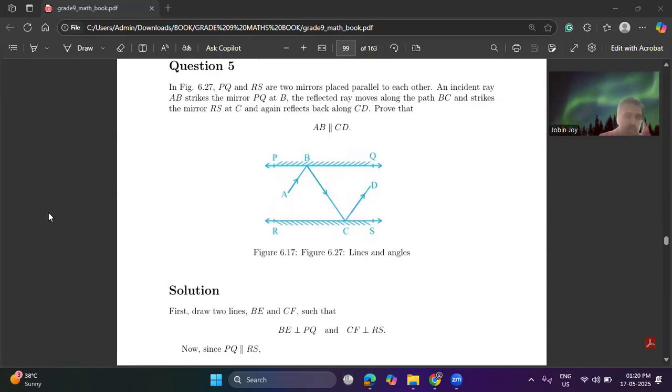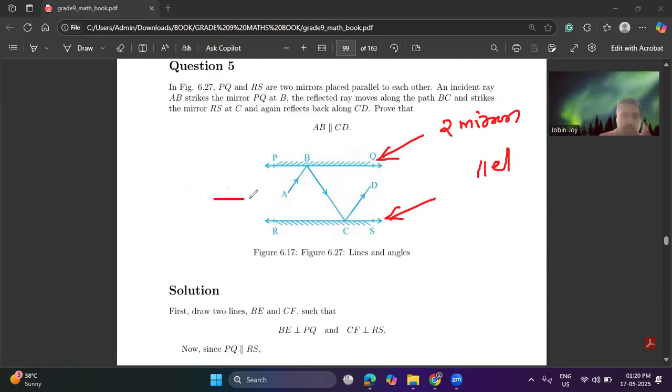Okay, next question. So the last question from this chapter. PQ and RS are two mirrors. This is PQ and this is RS. PQ and RS are two mirrors placed parallel to each other.